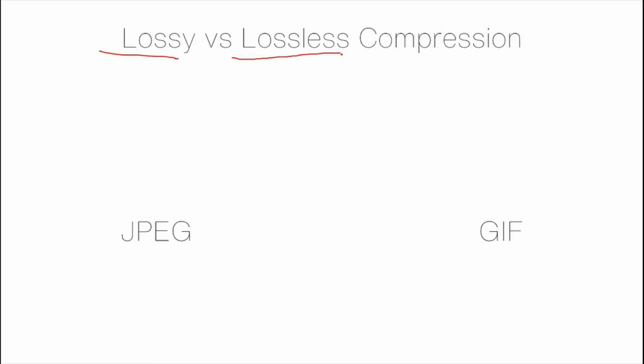Now in lossy compression you tend to lose a bit of the data while converting it from a higher memory capacity to a lower memory capacity. In lossless, you are ensured that no data is lost. So the image quality will be the same before and after, at least in theory. An example of lossy images are JPEGs.